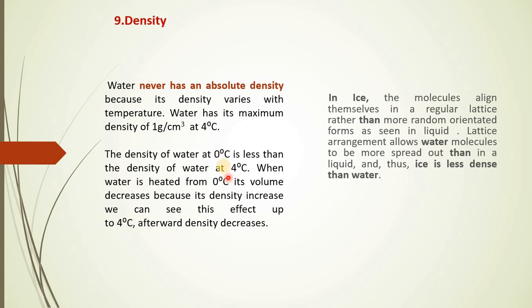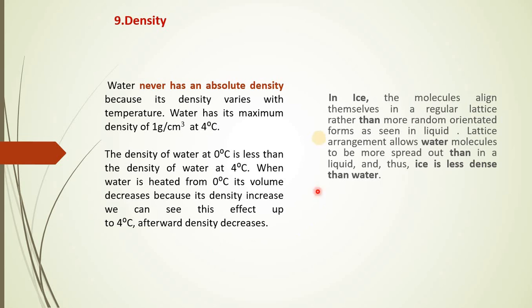The density of water at 0 degrees is very less as compared to that of 4 degrees Celsius. This means that when water is heated from 0 degrees to 4 degrees, its volume will decrease because its density is increasing.